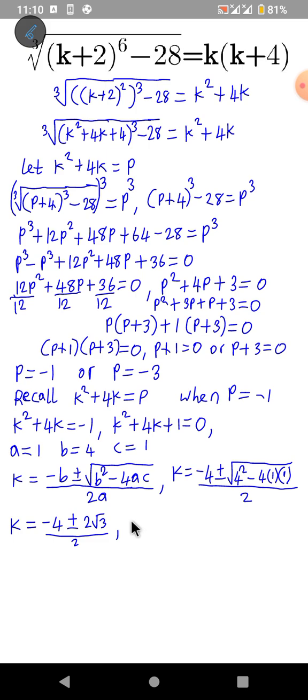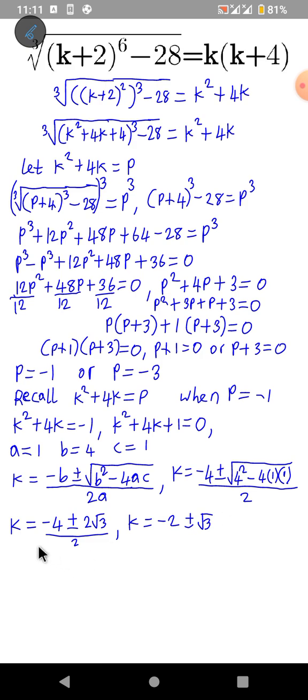Then we continue again. We say k is equal to, now minus 4 we divide by 2 here, so we have minus 2, then plus or minus 2 root 3 divided by 2 here, we have just root 3. So this is my first value for k.